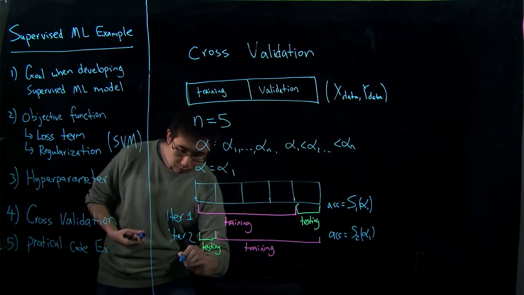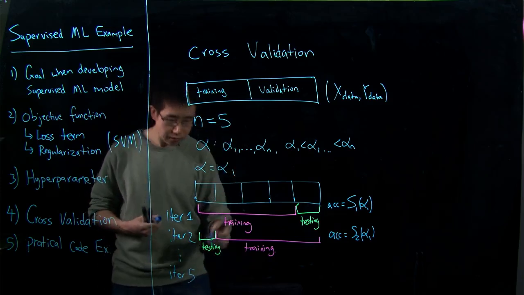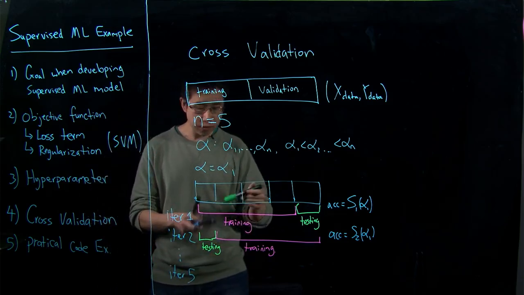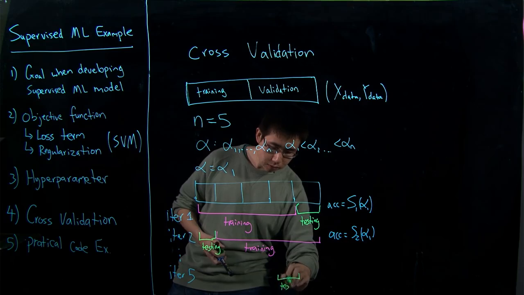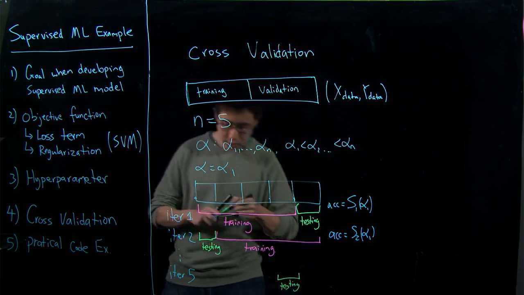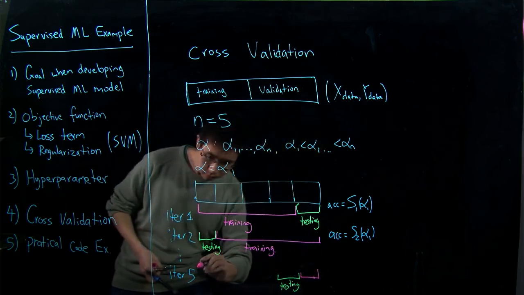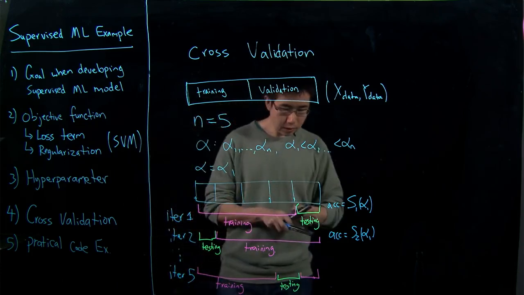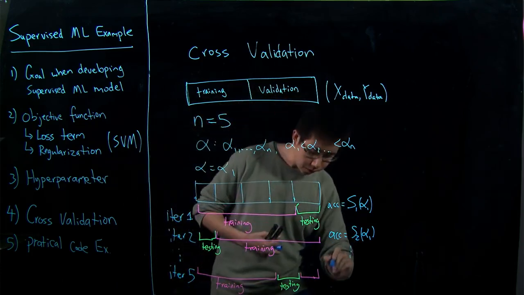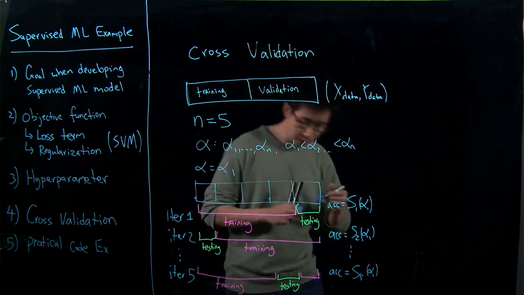And we'll repeat this for 5 times because here n is set to 5. So maybe on the 5th try, our testing data will be this portion, and our training data will be the rest. And our accuracy will be S5 of alpha 1.